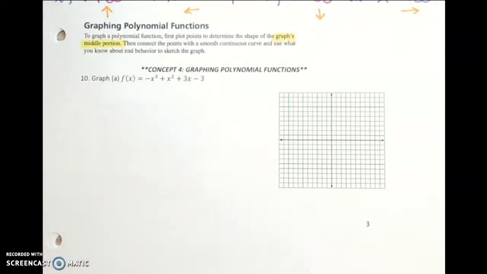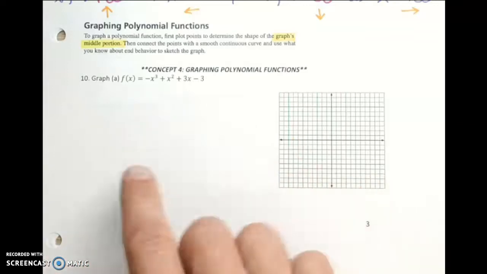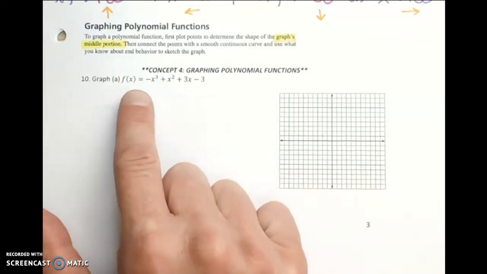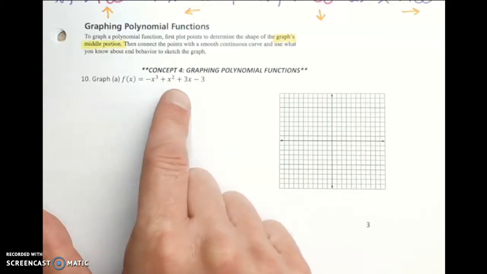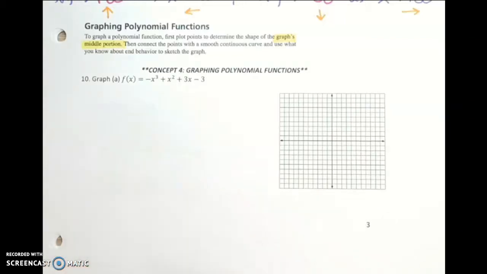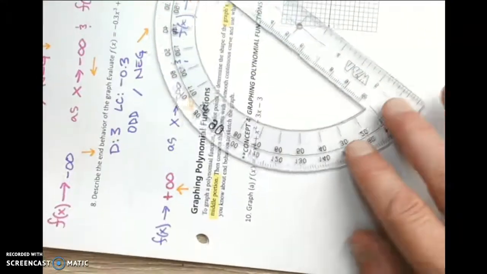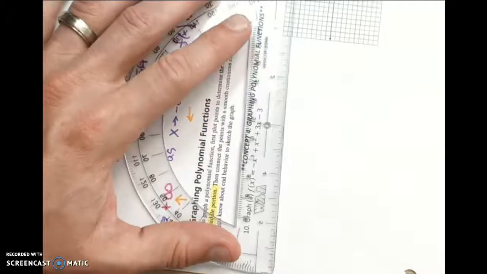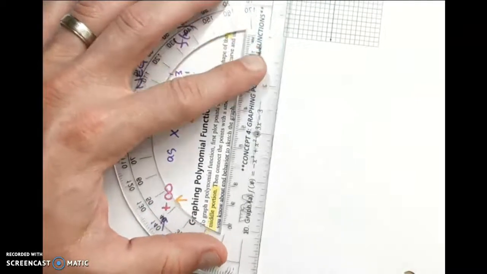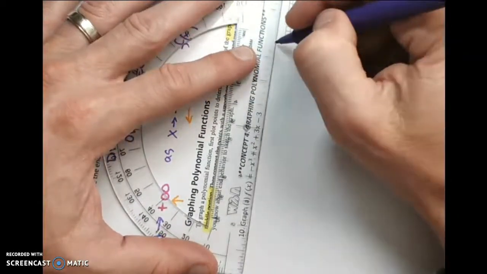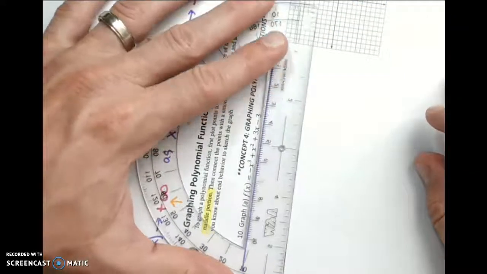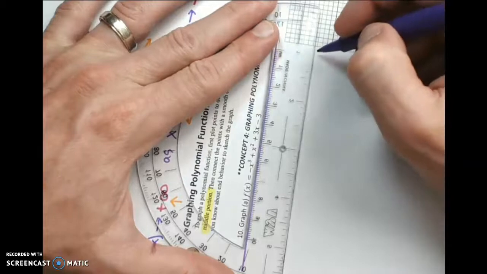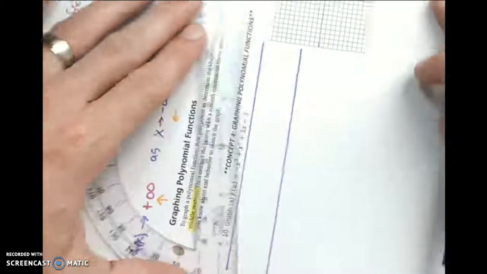Okay, to start, concept number 4, graphing these polynomial functions. We have f of x equals -x cubed plus x squared plus 3x minus 3. I'm going to go ahead and make a table. I like to use just a straight edge to do it, and I just use the space that's given to me and make enough room to make a nice table.